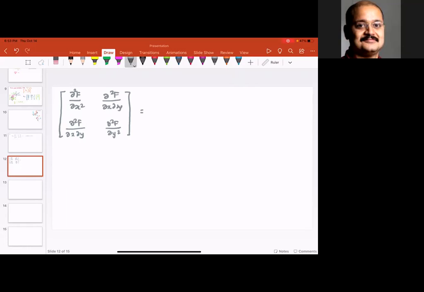Next is an example problem, where you are given a matrix A and you have to find the singular value decomposition, which is problem 5. You have to use the SVD, and for this matrix A, find U sigma V transpose.